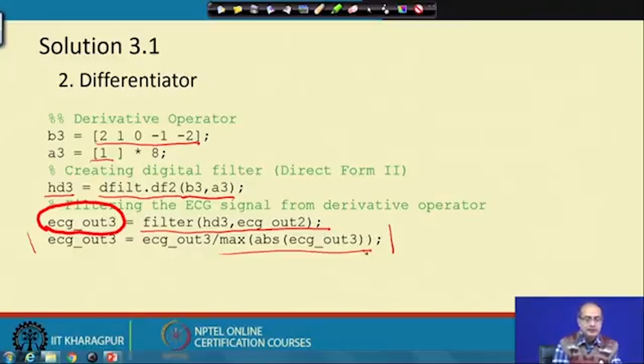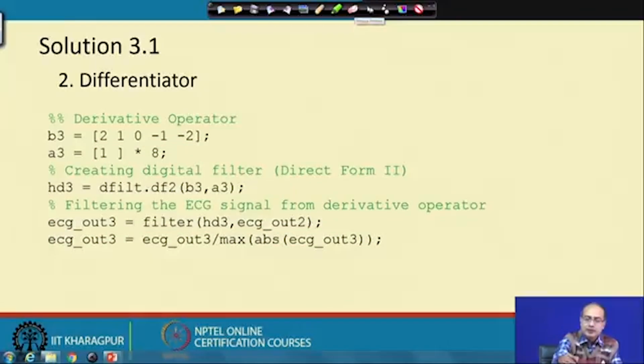Again, the reason is that the derivative filter itself is good enough to remove the DC bias, and our input also did not have the DC component. So, it is doubly sure that no DC component would be there in this signal. So, that is why that part is not actually used.